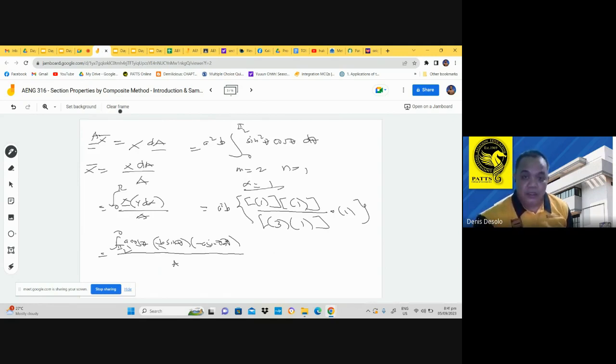Again, there's a divisor area. So we're going to divide all of that by the derived area. So this is 1/3 times a squared b. So our numerator is a squared b over 3.